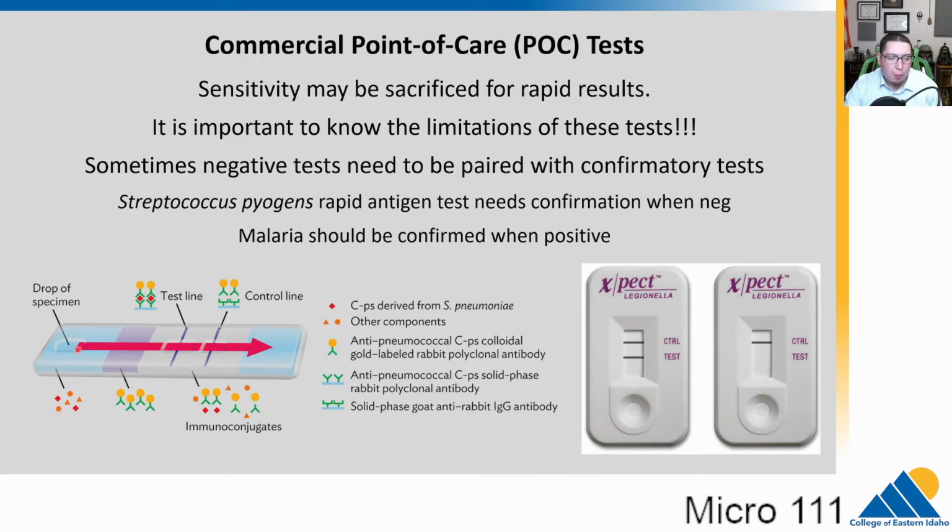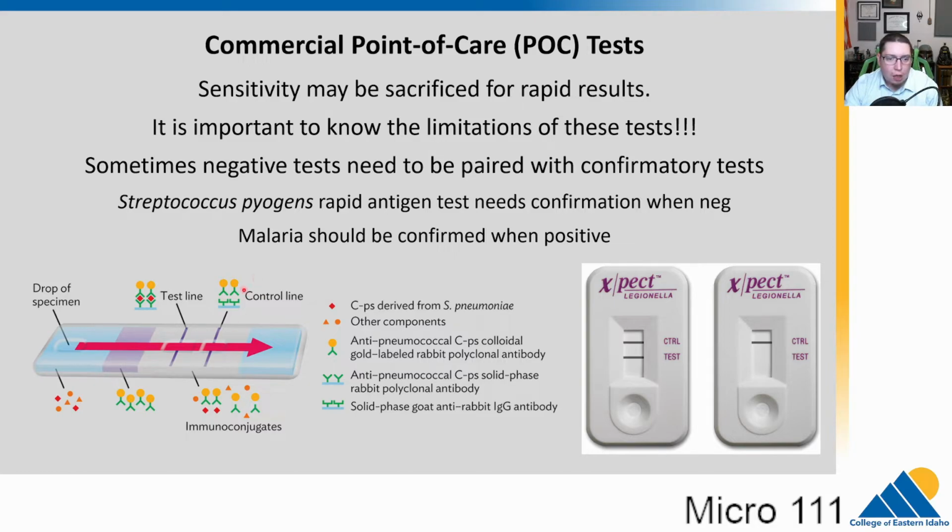We drop our sample in. If there is the S. pneumoniae antigen there, it will flow through this paper to the test line. There, the bound antibody and the floating antibody that is in this part of the test strip will bind and make a sandwich with that antigen. That results in a color reaction, which causes the line to turn whatever color, pink or black in this case.